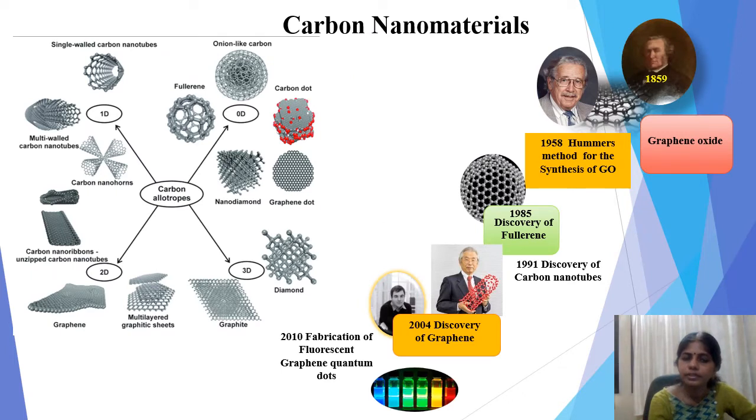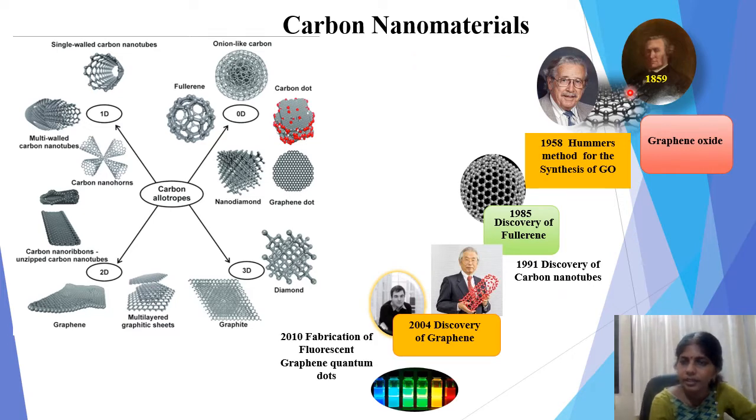If you look into the research which is being carried out in the field of material chemistry, we can see that carbon nanomaterials have always received much attention because of the fascinating properties associated with these types of materials.